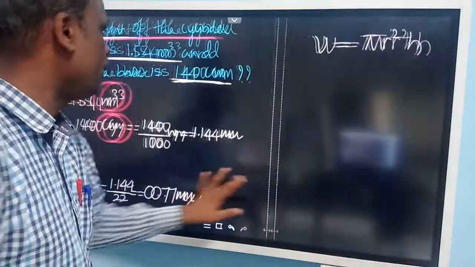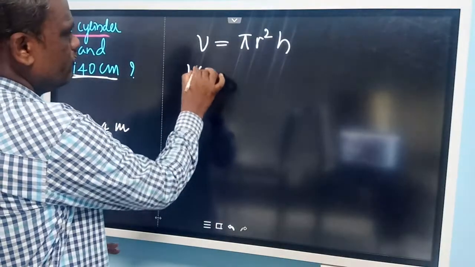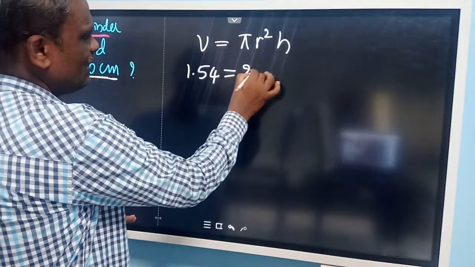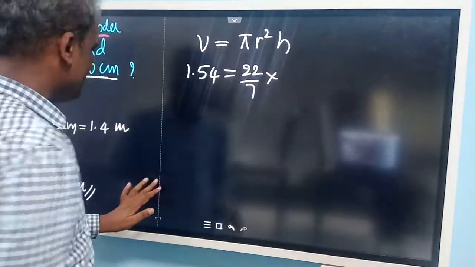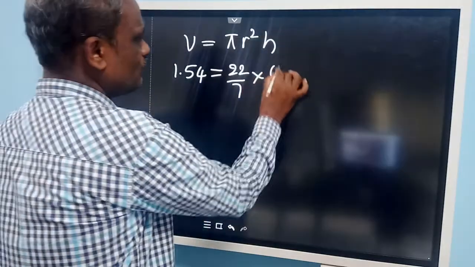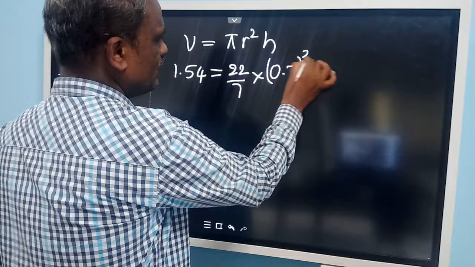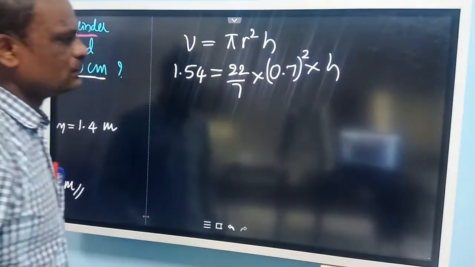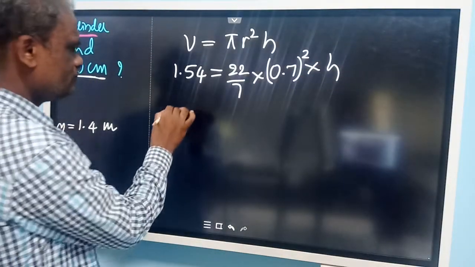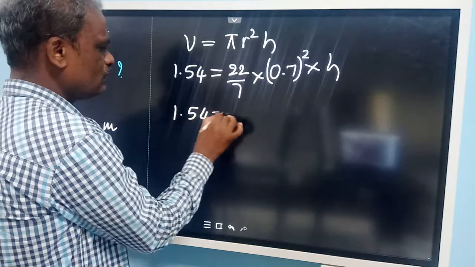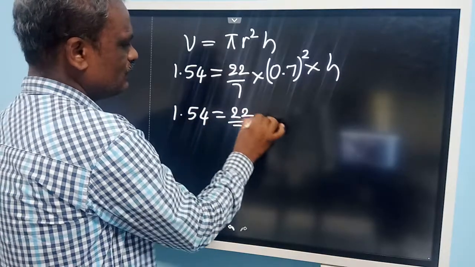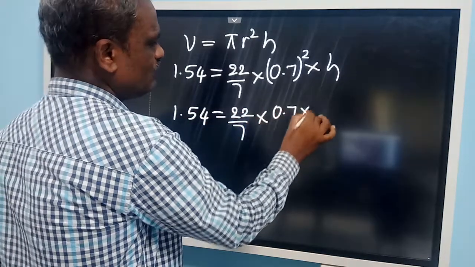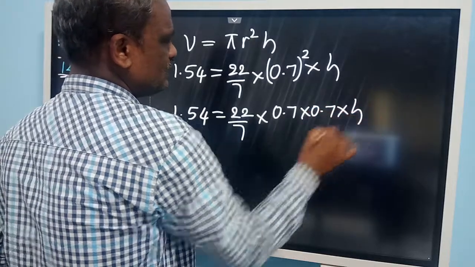What is the volume here? 1.54. Pi value is 22 by 7. Radius is 0.7, whole square, into h. So let us simplify this. 1.54 equals 22 by 7 into 0.7 into 0.7 into h.